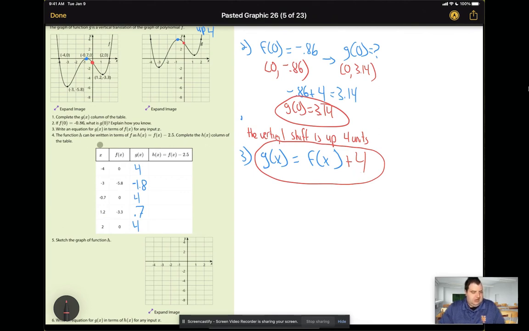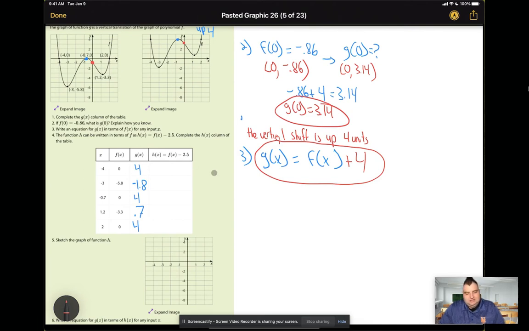The function h can be written as h of x equals f of x minus 2.5. Complete the h of x column of the table. Notice it's f of x minus 2.5.